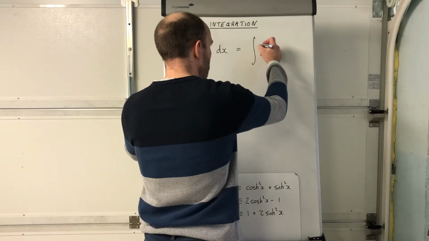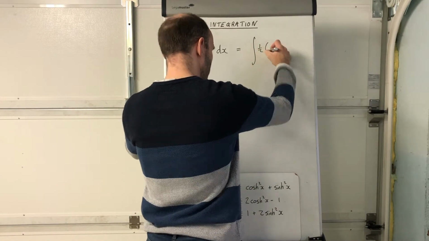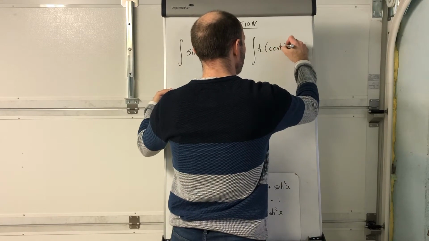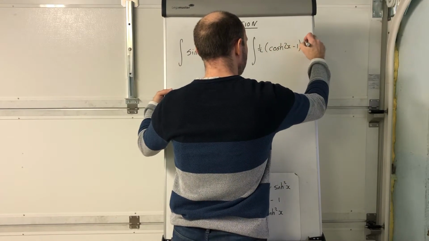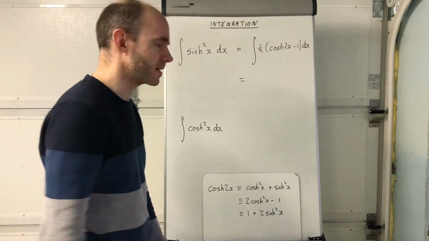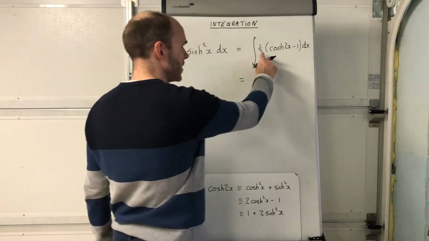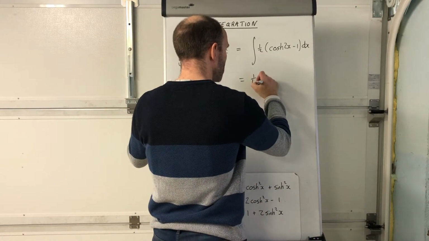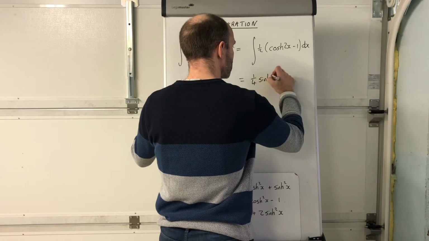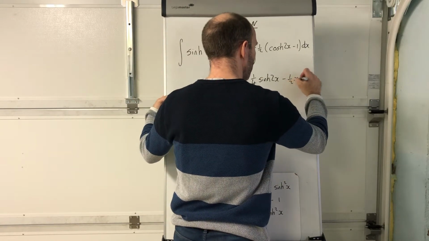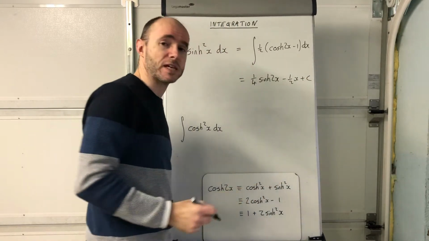So you'll have 1/2 of cos 2x minus 1 dx. And that's your standard technique, your standard result for doing that. So when you integrate half cos 2x, you're going to get 1/4 sine 2x, and then you integrate negative half, you get negative half x, and then plus c. So that's that one done.